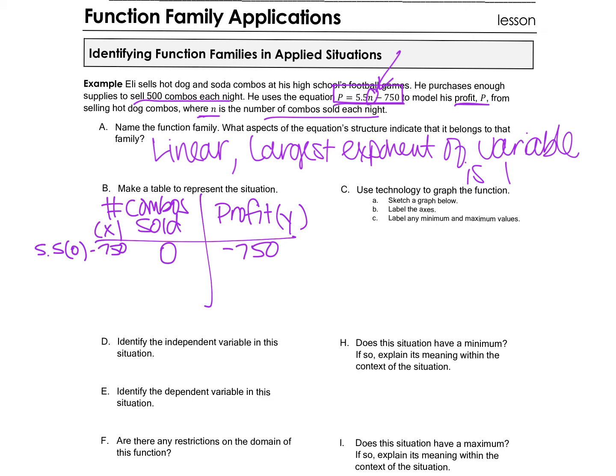So then we could keep going to 1, 2, 3, but we know the max is 500. So on the table here, I'm just going to increase by 100, but you can do it however you want. So I'm going to go to the 100 next. So I would plug in 100 to get that Y value, which is our profit. So that's going to be negative 200 for the profit.